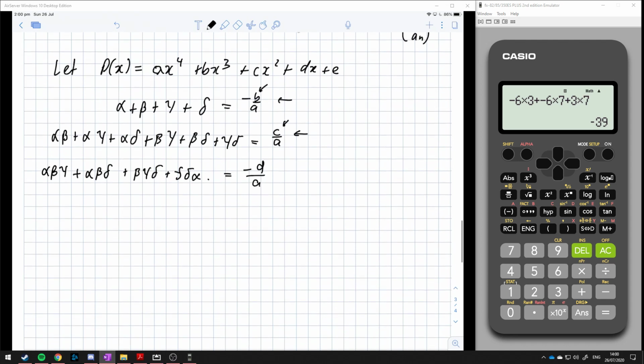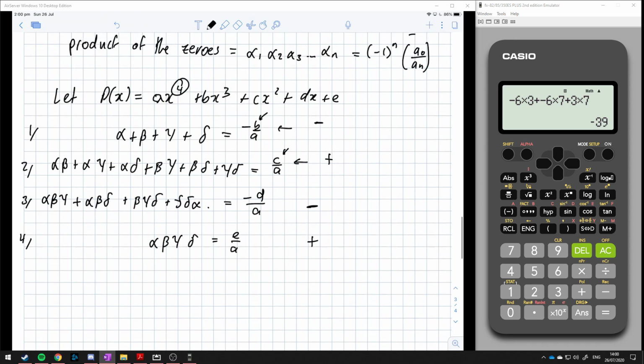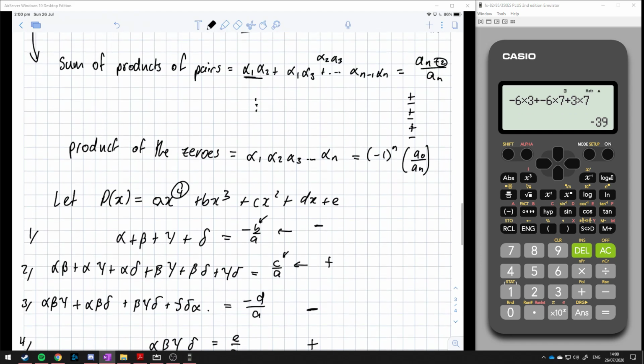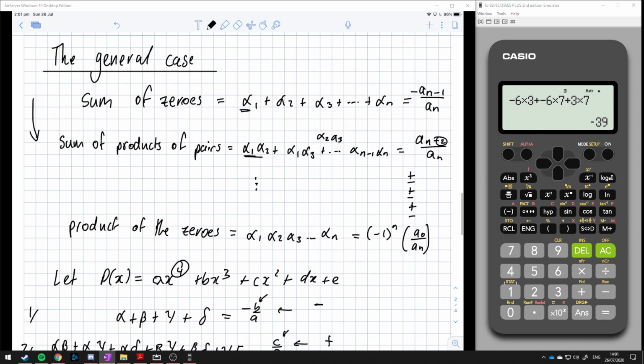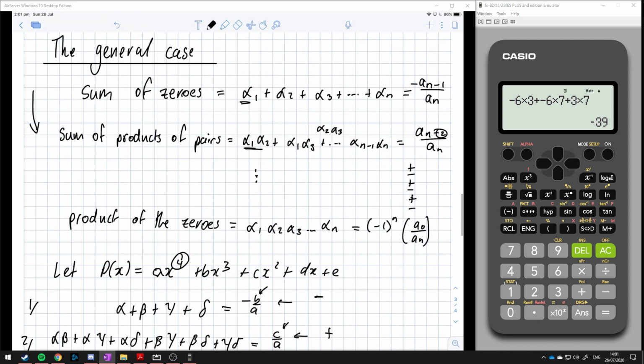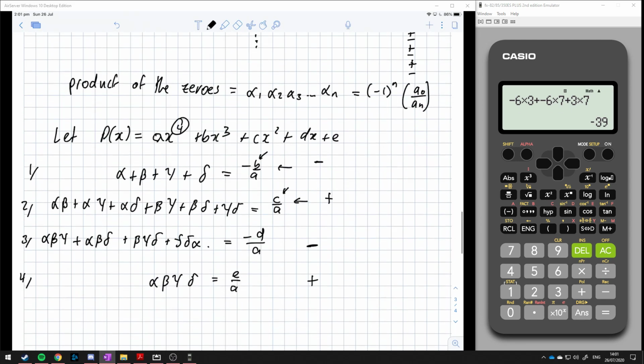Okay, then the last one, because we have degree 4, there should only be 4, and that is alpha beta gamma delta, and that's equal to e on a. So again, negative, positive, negative, positive. Okay. So it's quite a mouthful, but it's basically a pattern you can see. You add one more, and then you go to the next coefficient. Add one more, go to the next coefficient.